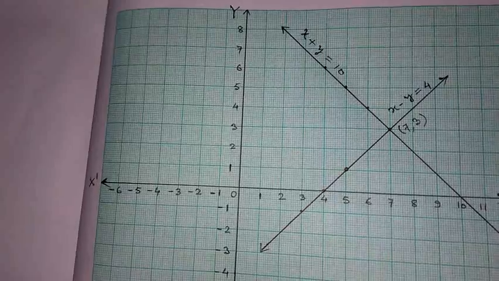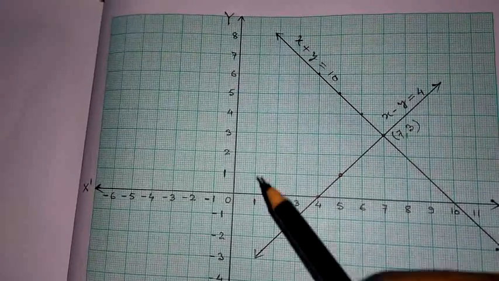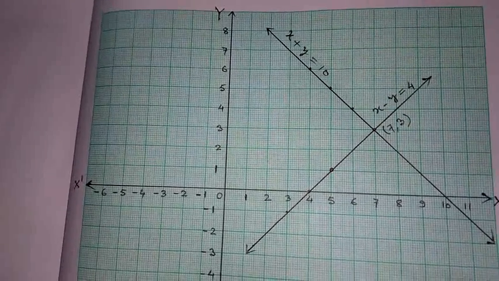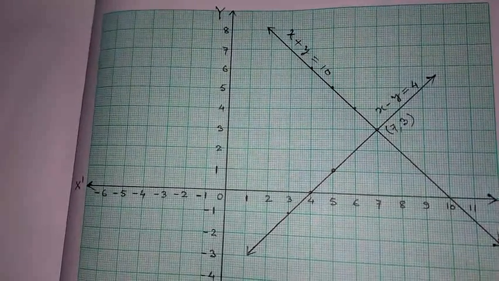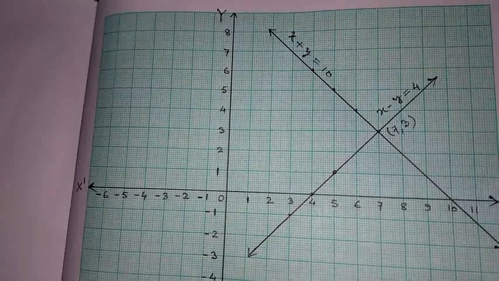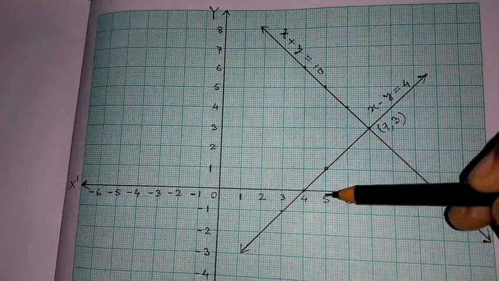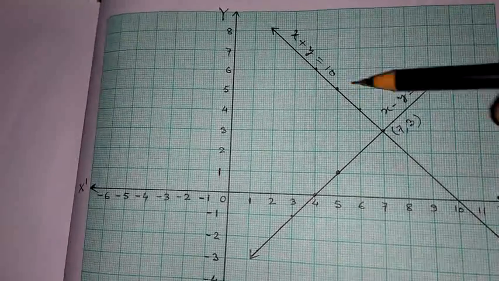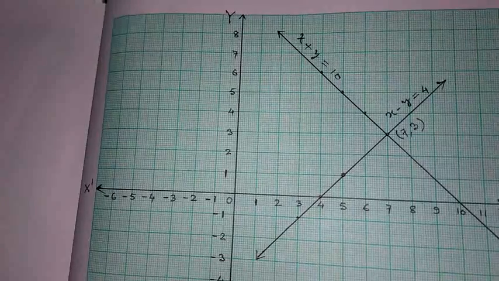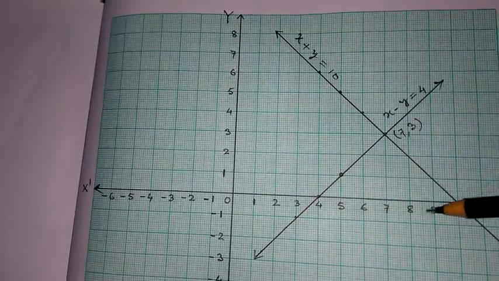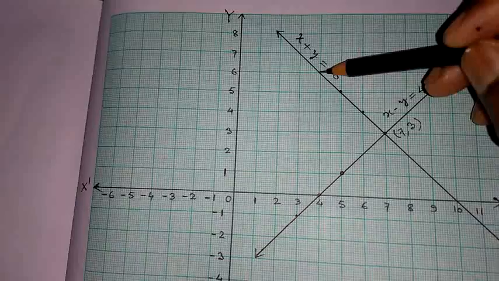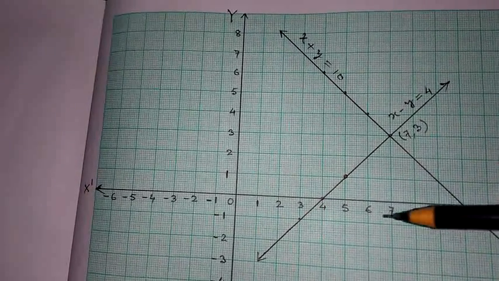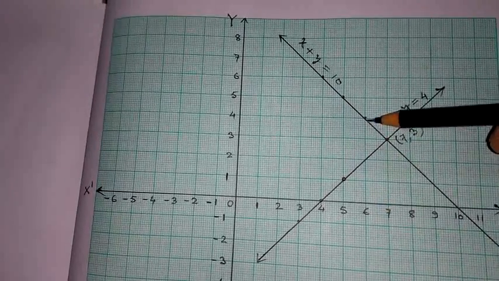Now, first draw the Cartesian plane. Now plot the points from the first table: x equal to 5, then y equal to 5, this point; x equal to 4, y equal to 6; x equal to 6, then y equal to 4.